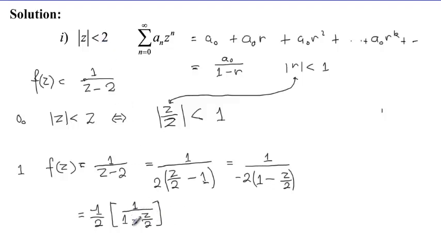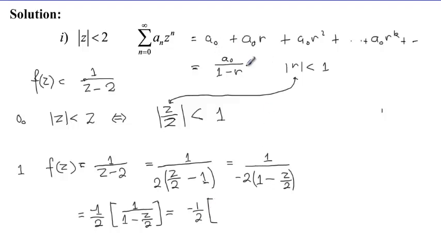So now if this is a sum of a geometric series, expanding this in powers of z, like the geometric series expanded in powers of r, we can write this as follows: minus 1 over 2.